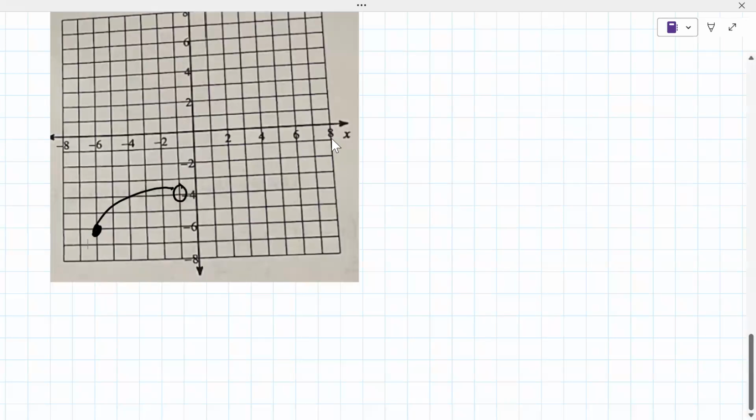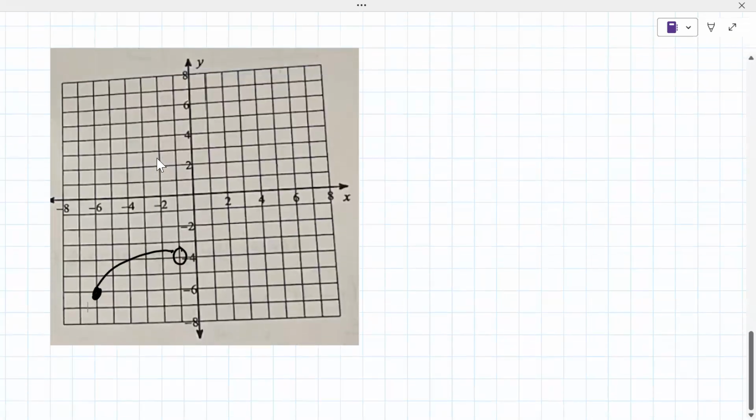And then the next point is -1, 5, which is here. And then 2, -7, which is down here. And that's a straight line between them.